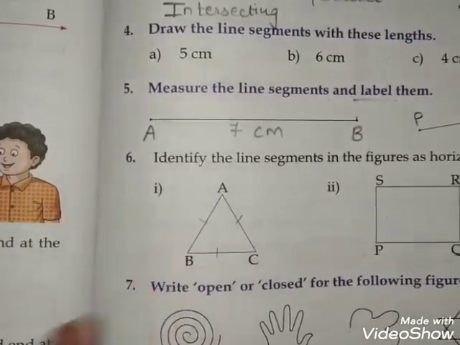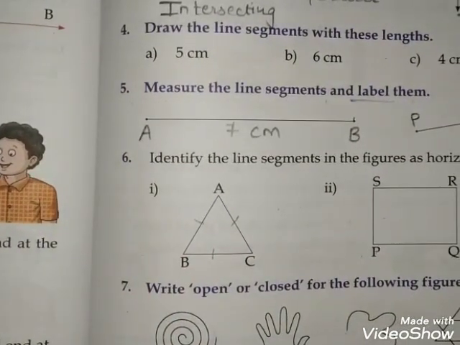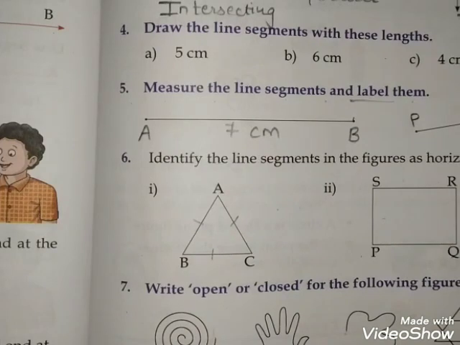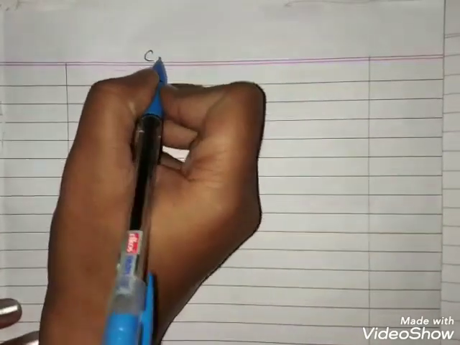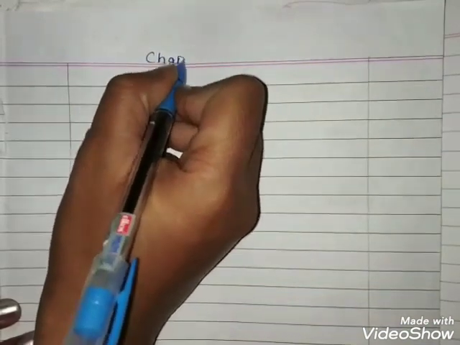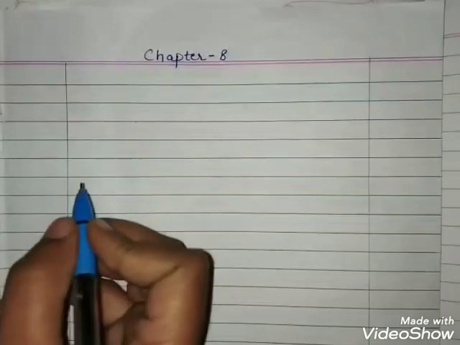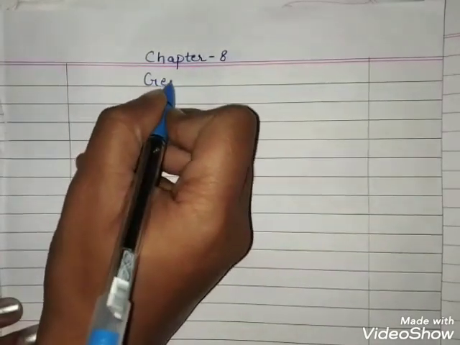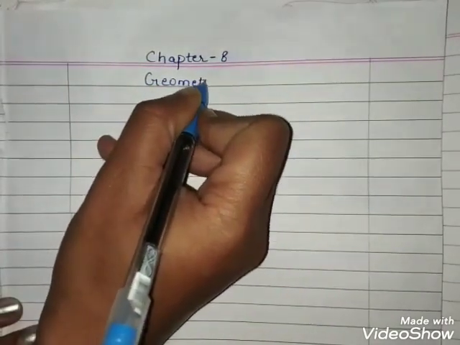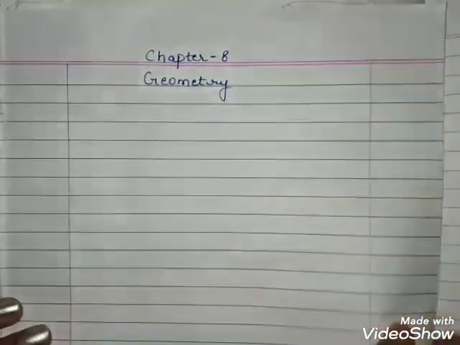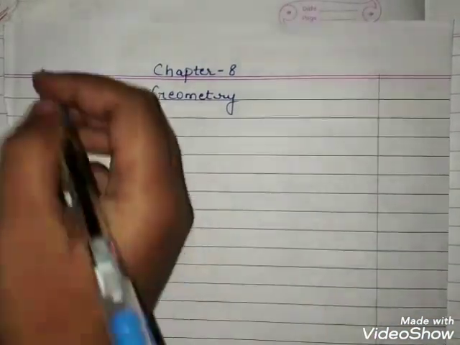Now these questions we will do in the notebook. So let us open your notebook. Here you can first write down the heading, chapter 8, which is geometry. Then we need to write down the date also.